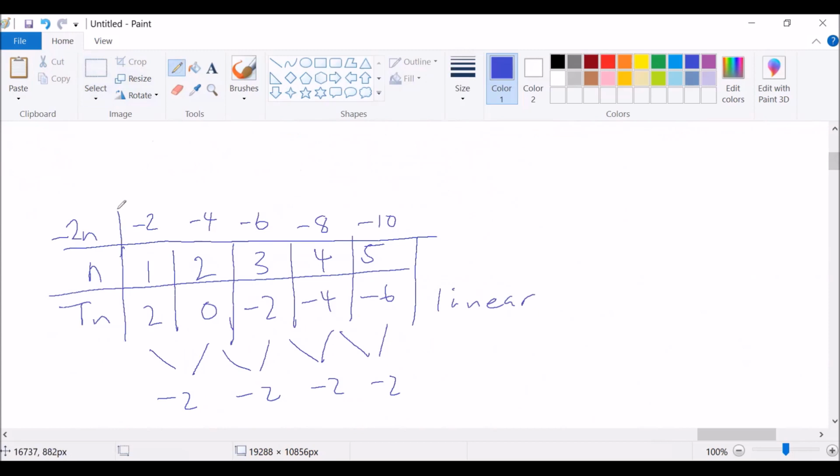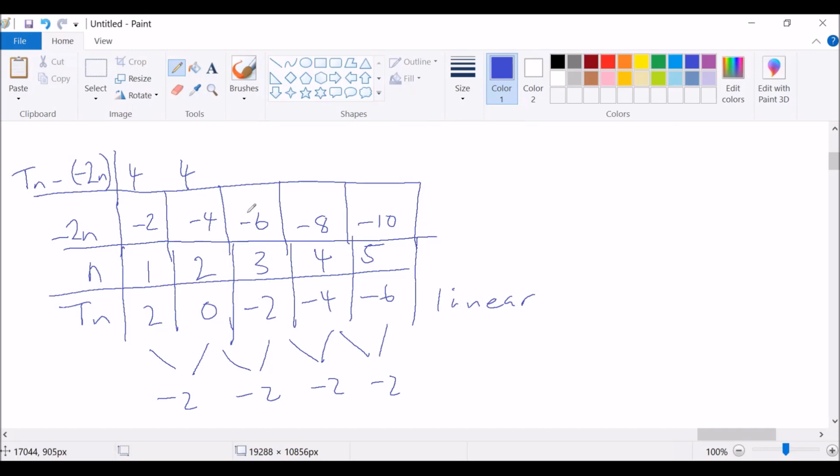Now we treat it the way we treat linear. So we say Tn minus minus 2n. What do we get? 2 minus minus 2 is 2 plus 2, which is 4. 0 minus minus 4 is 0 plus 4, which is 4.